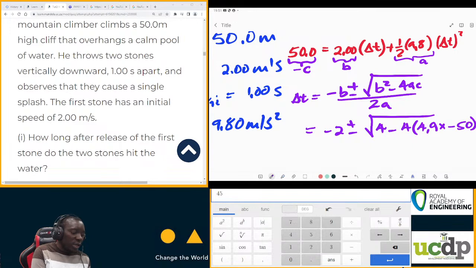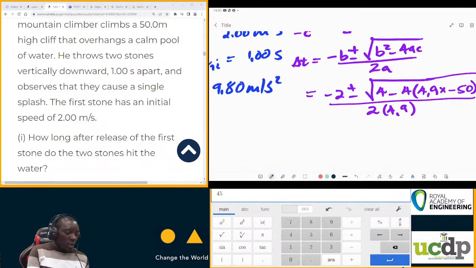Minus c is 50, so c is negative 50. All over 2 times 4.9. So you have that expression, delta t, the time.